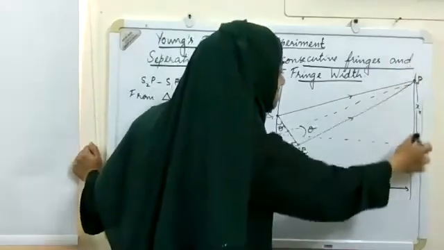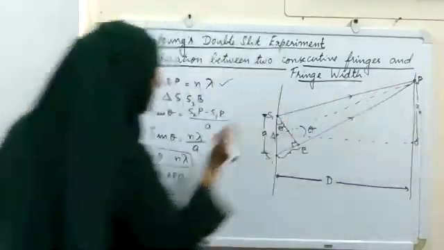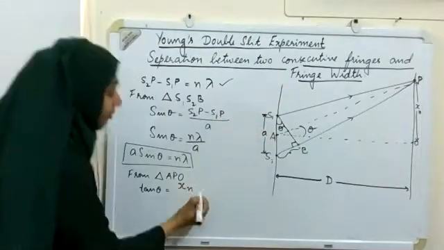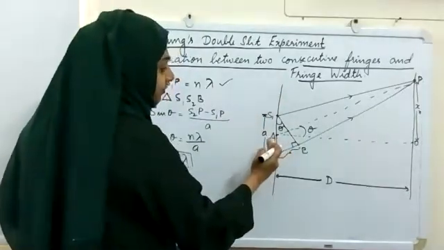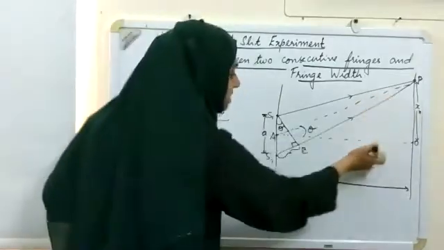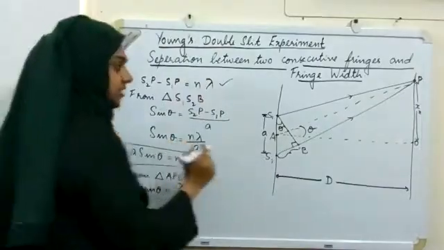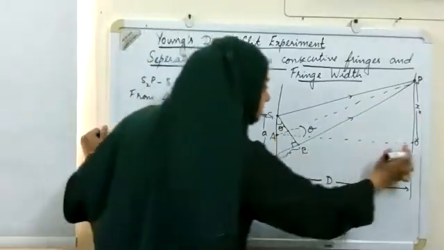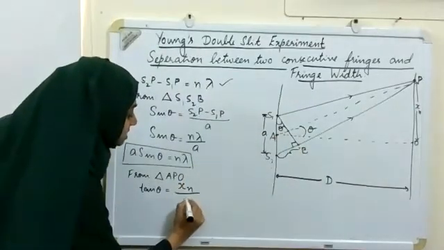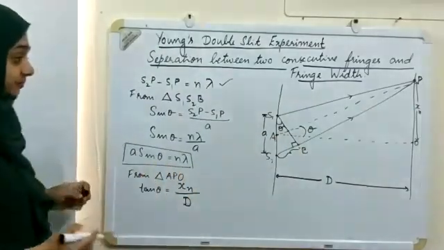Opposite side is OP, which is xn. So I can write the opposite side xn, which is OP, divided by the adjacent side, which is AO, which is D. So tan theta is equal to xn divided by D.